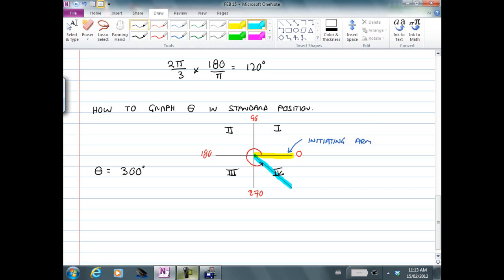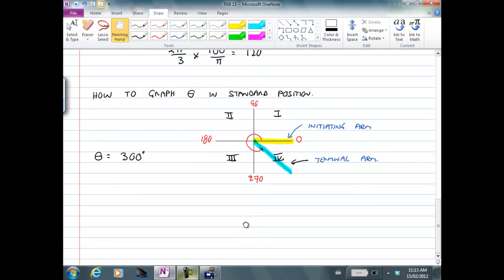This is called your terminal arm. So there's the terminology. It's going to hook at you left and right. Terminal arm. And we draw our little trail from the initiating to the terminal. That's 300. I call that my snail trail because it looks like a snail shell later.